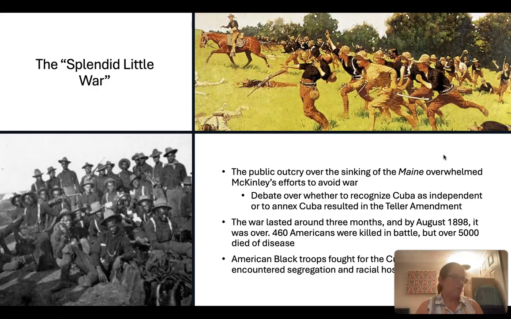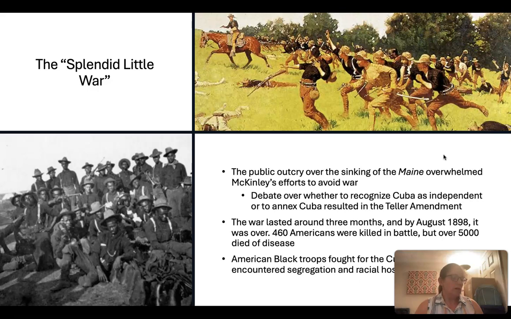This is a photograph of a segregated company of African-American soldiers. A significant proportion of the American invasion force in Cuba were black. Some of these were volunteer troops put together by black communities, and others were members of the 4 black regiments in the regular army. Black Americans were very sympathetic to the struggle of the Cuban people.